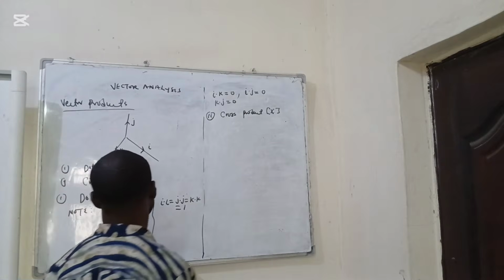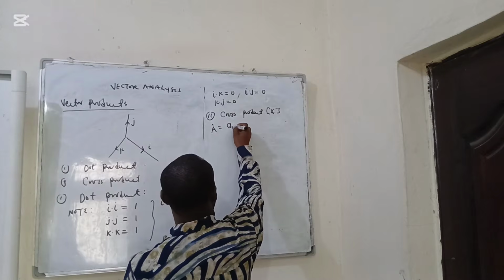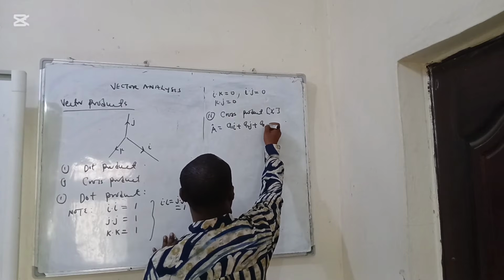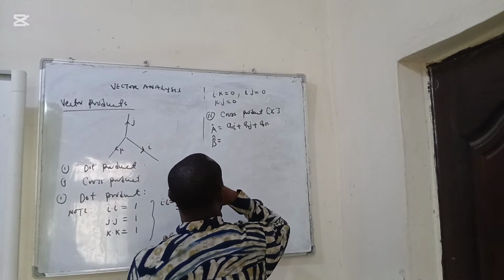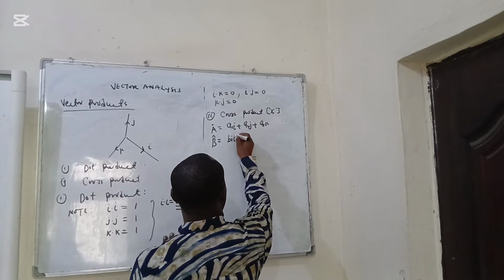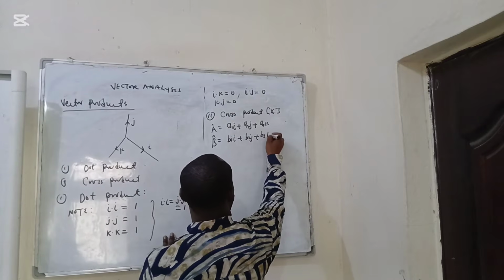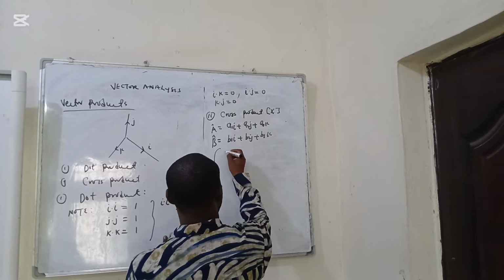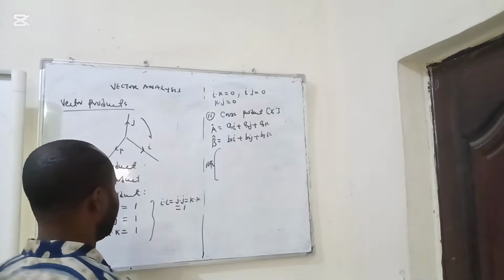If we are given, for example, A to be a1 i plus a2 j plus a3 k, and B to be b1 i plus b2 j plus b3 k, we should note that we always take it in the clockwise direction.